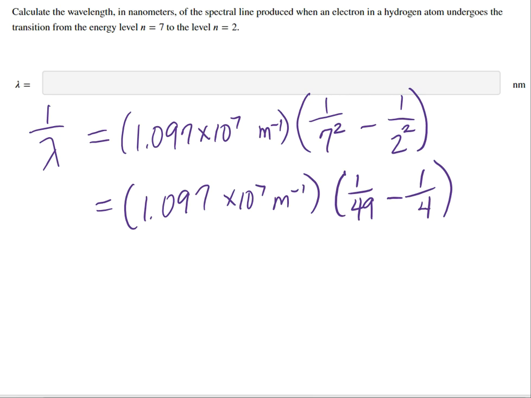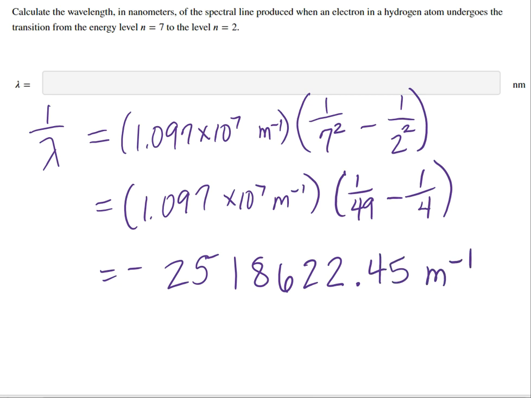Once you put that in your calculator, you'll get, I'm going to put the extra significant figures initially, a negative value, 2518622.45, and that's inverse meters.